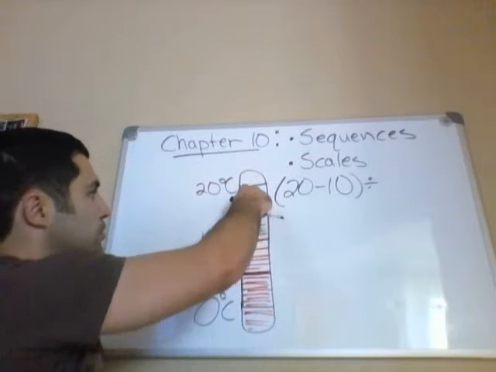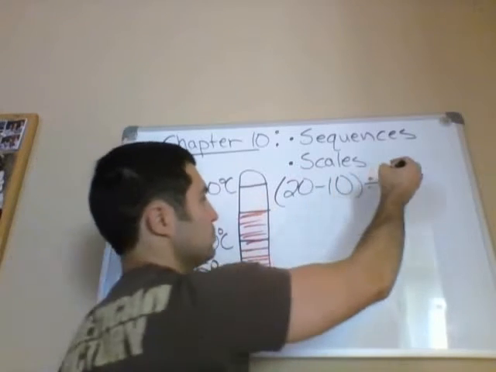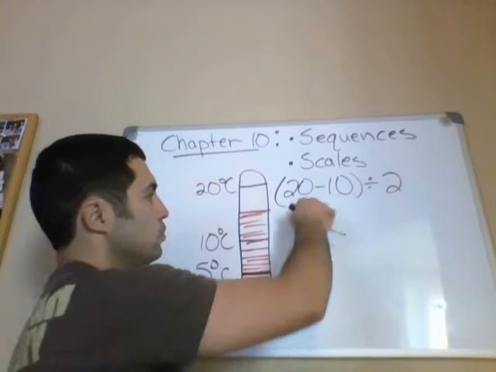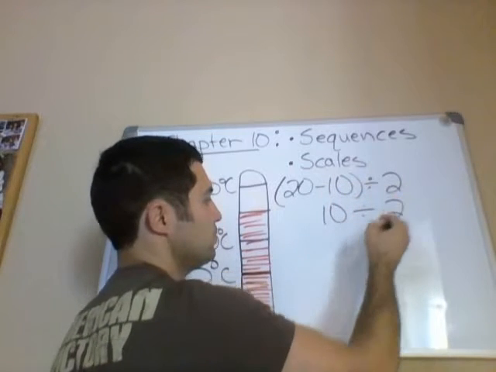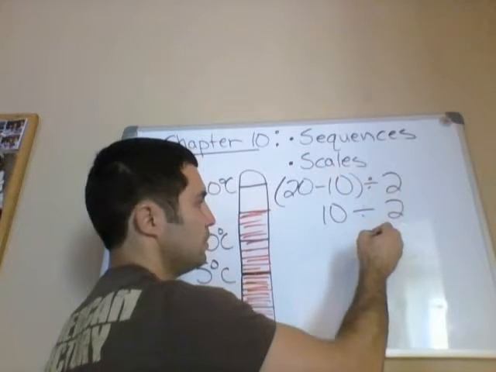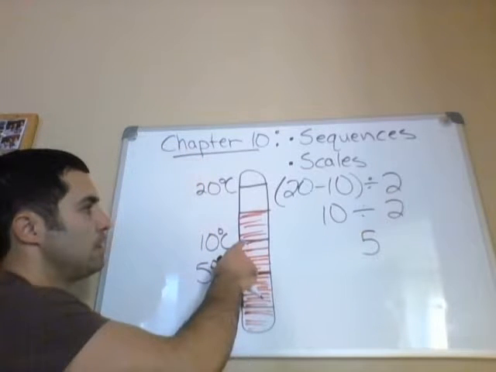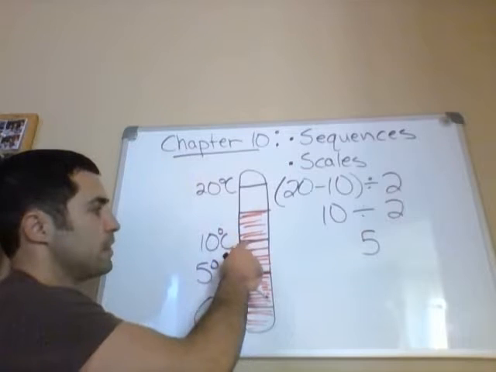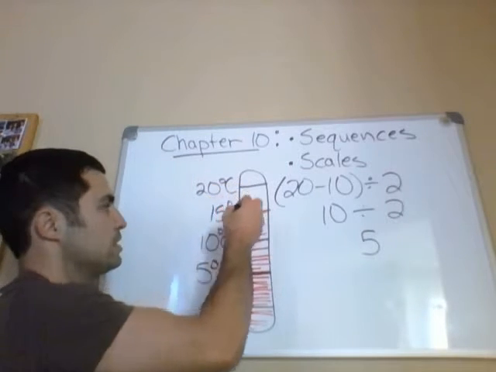So there's two sections in between those two numbers. 20 minus 10 is 10. 10 divided by 2 is going to be 5. So you're going to go up 5 from there, which would be 15. So this is 15 degrees Celsius.